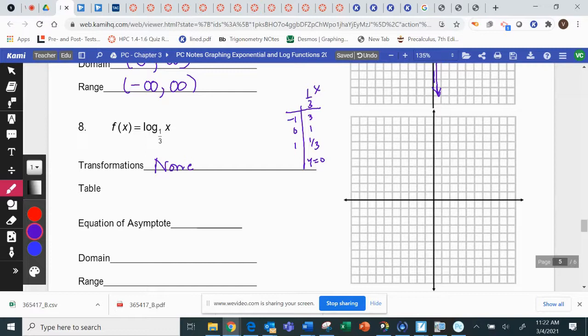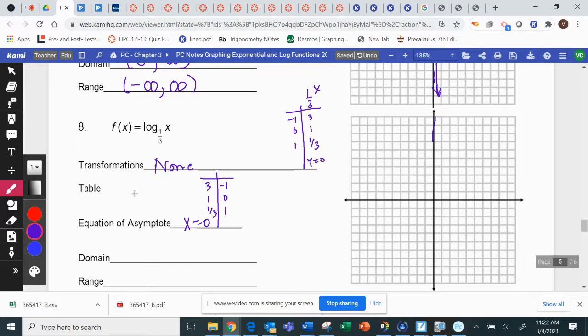So that would be 1/3 to the x. I'm going to take that information and make my table to just flip the x and y's, including my asymptote that now becomes x equals 0.